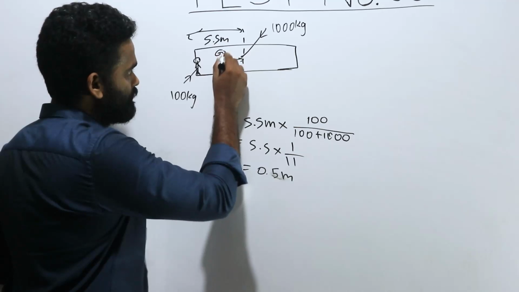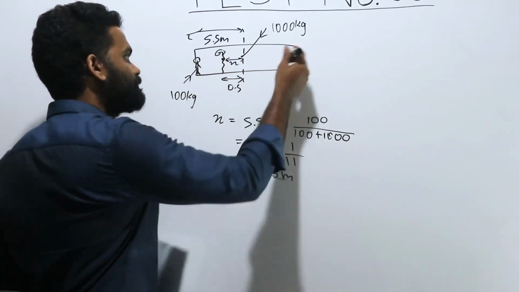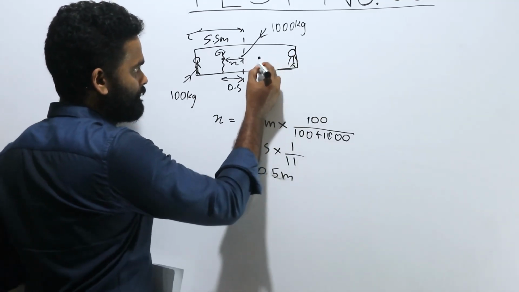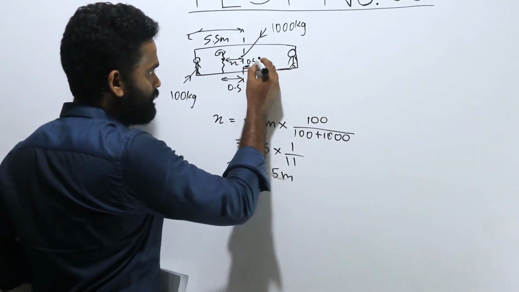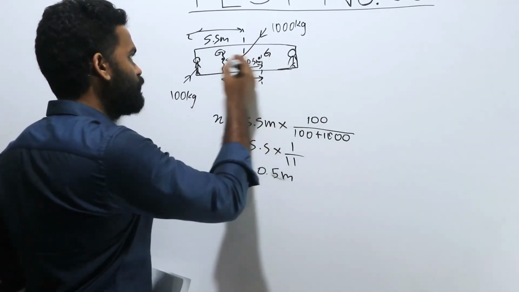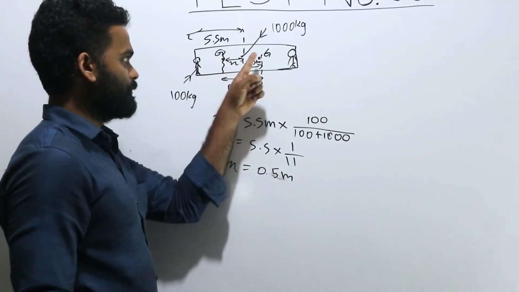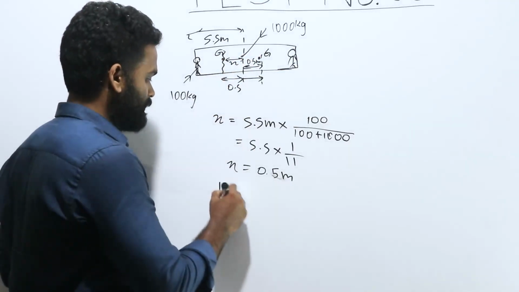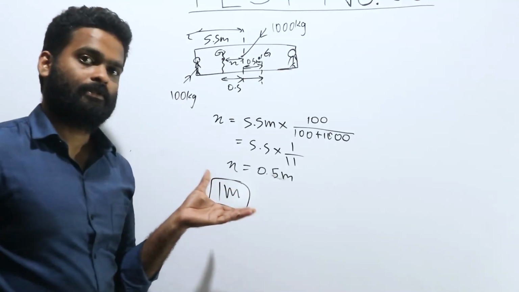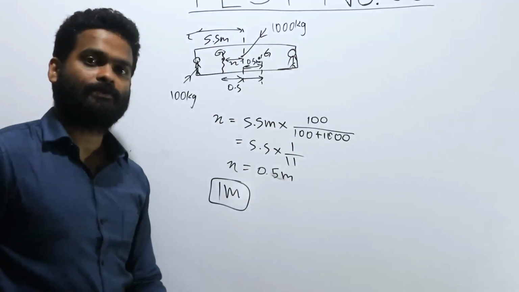So this gap is 0.5 meters, and this is where the center of gravity is. If the man moves from here to here, now the center of gravity is here, 0.5 meters on the other side. So the movement of the center of gravity should be 0.5 plus 0.5, meaning it should be 1 meter. But it is not allowed because there is no external horizontal force.